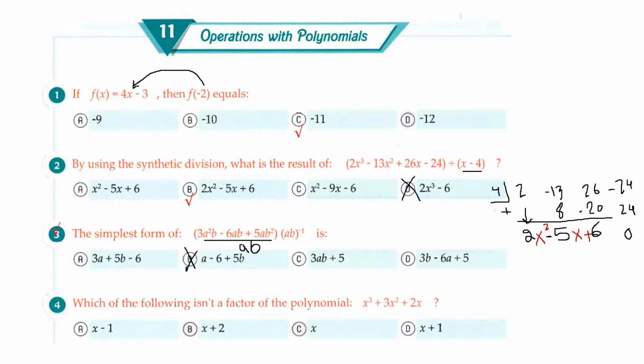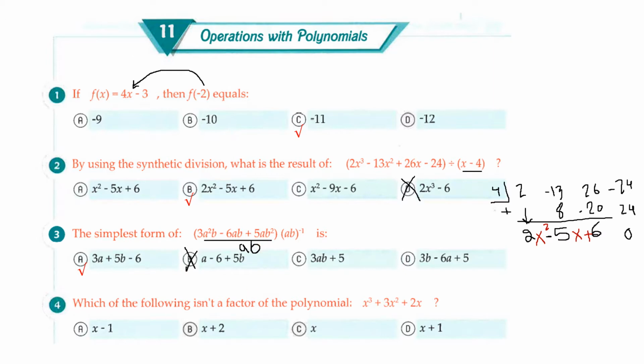Won't you directly pick A as an answer? Let's proceed and see. Minus 6AB divided by AB. The A will cancel the A, and the B will cancel the B, and I'm left with minus 6. I want to prove it again. 5AB squared divided by AB.